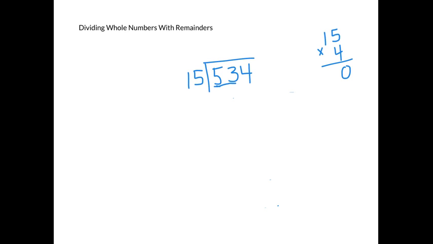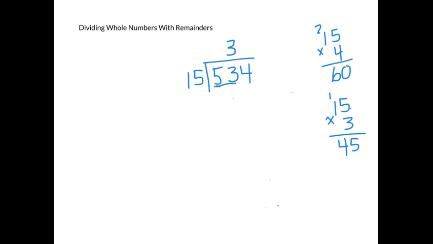That would be 20, carry my 2, 4 times 1 plus 2, that puts me at 60. So that's too much. I'm going to try 15 times 3. That would be 15, carry the 1, 3, 45. Okay, so I know that 15 can go into 53 3 times.